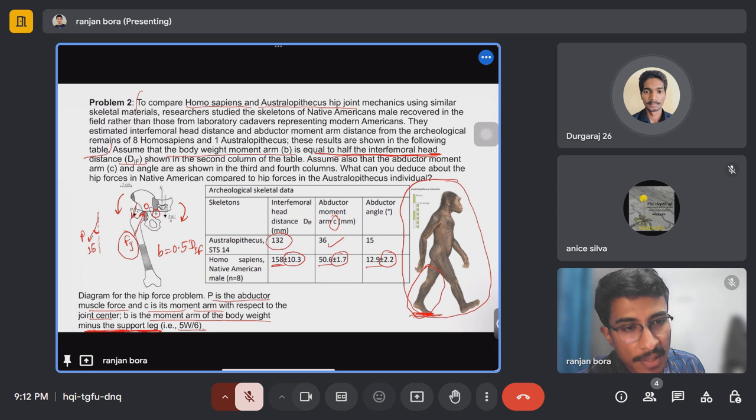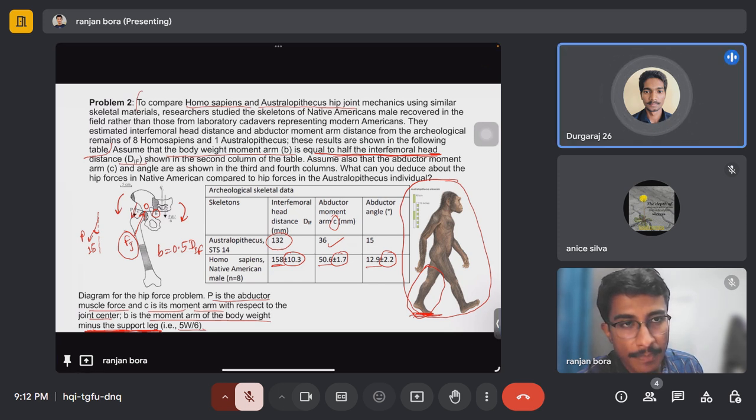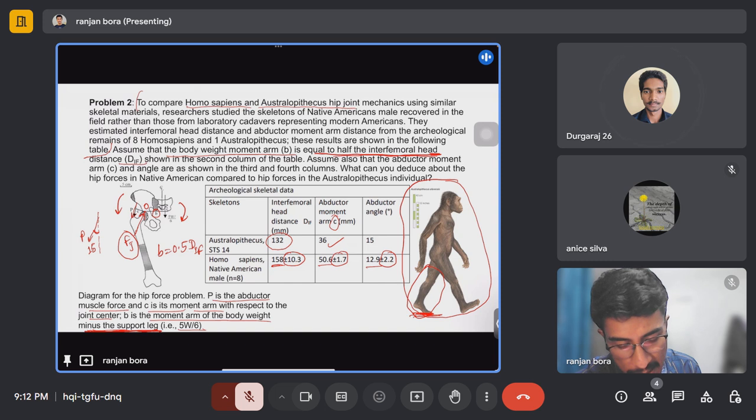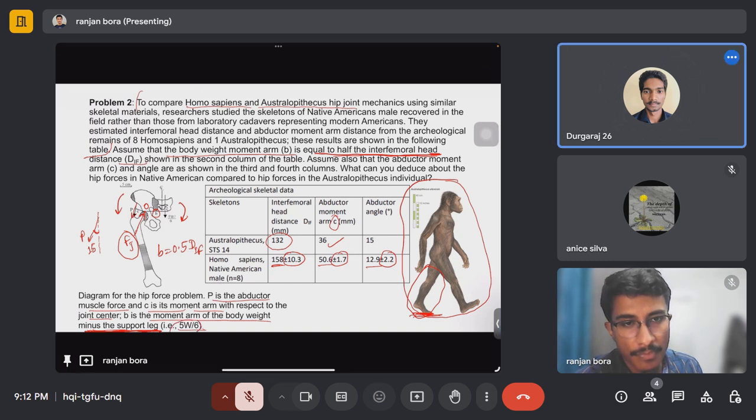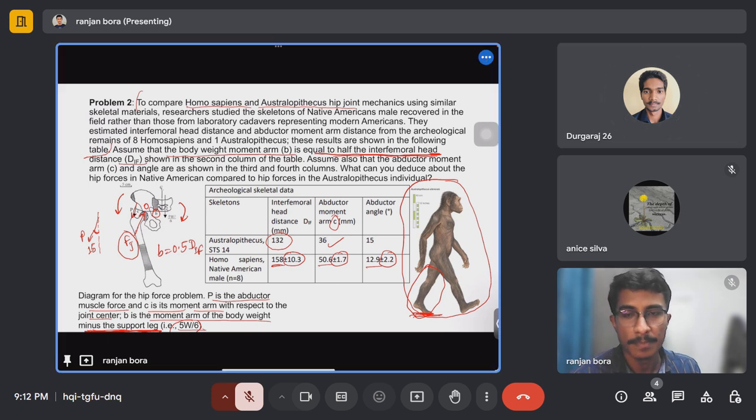The weight of this leg will get subtracted. That's why they have considered it as 5W by 6. The moment arm of the body weight minus the support leg.